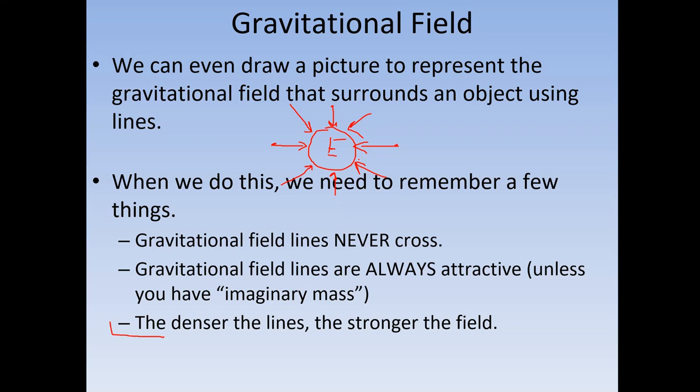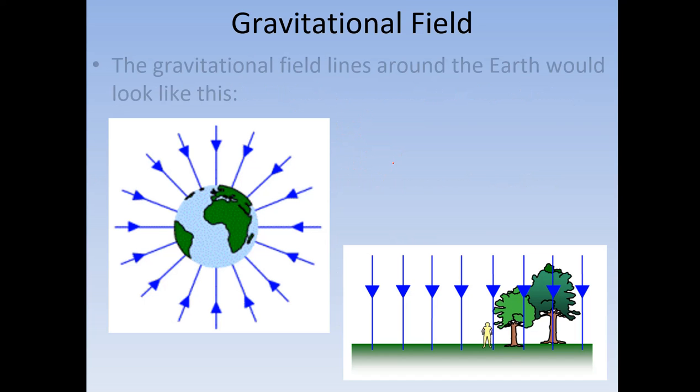If we look at the lines, even though my drawing's really poor, you can see that the distance between this line and this line is much longer than between over here and here. So back here, the field is weaker, so the force would be weaker. And that's pretty much it. You just need to be able to recognize this.